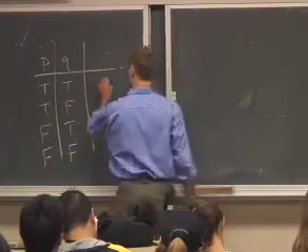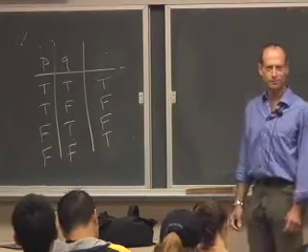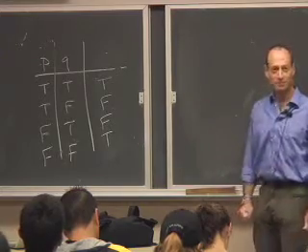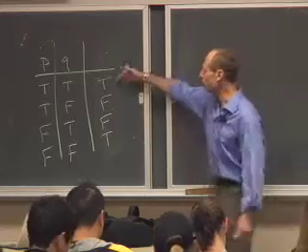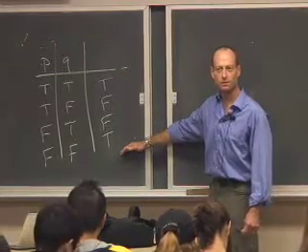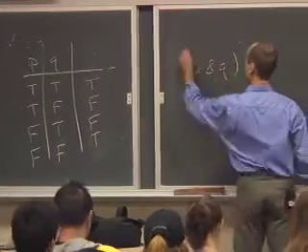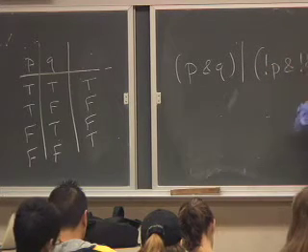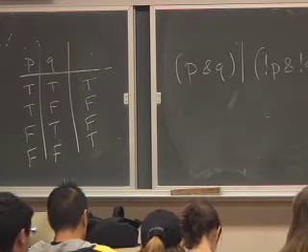How about true, false, false, true? This one has a name. When is this true? It's true if both P and Q are true, or if both P and Q are false. So we can write that as P and Q, or not P and not Q. So it's either both of them or neither.